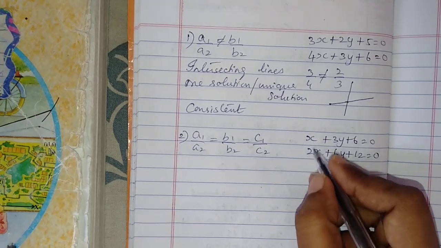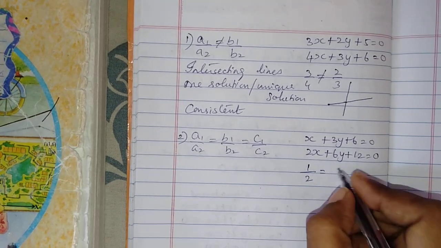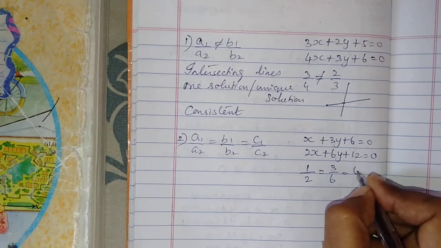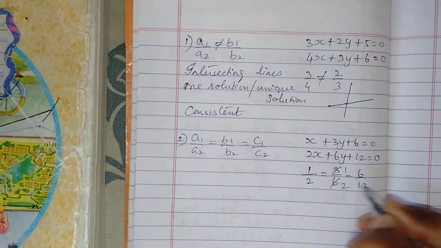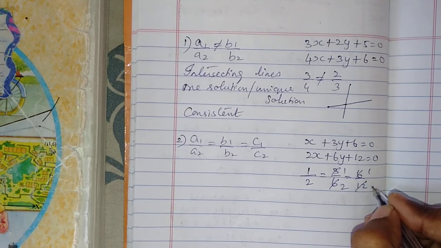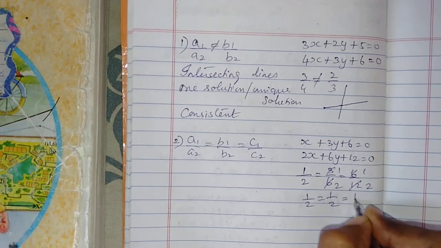Here the coefficient of x is 1, so 1 by 2 is equal to 3 by 6 is equal to 6 by 12. If you further solve it, this is 1 by 2 is equal to 1 by 2 is equal to 1 by 2.